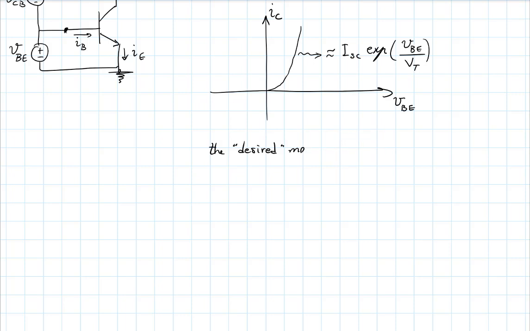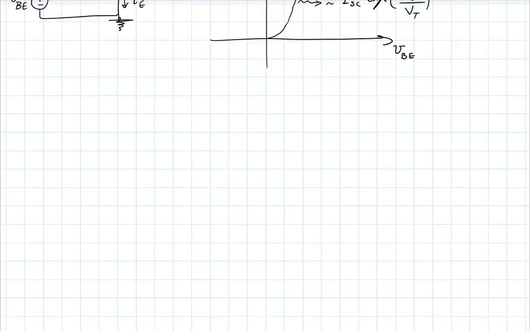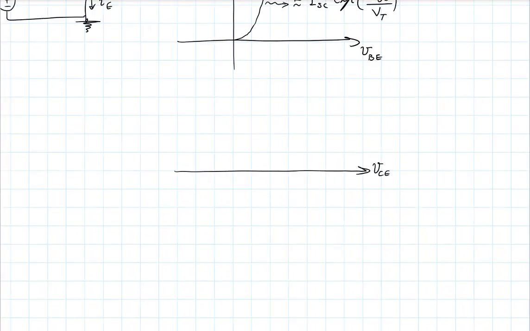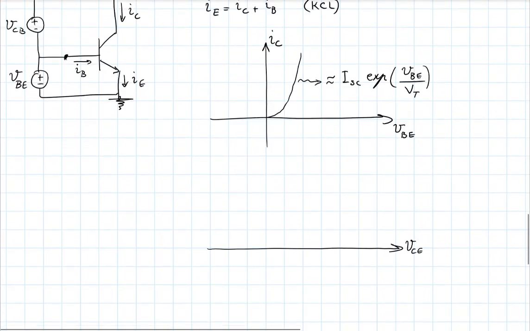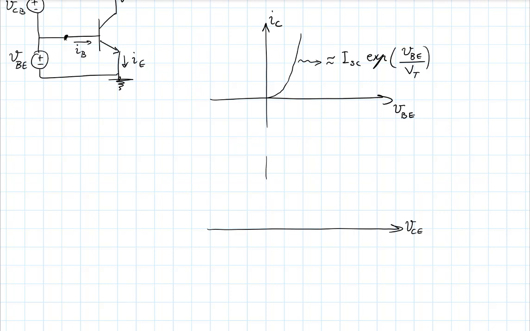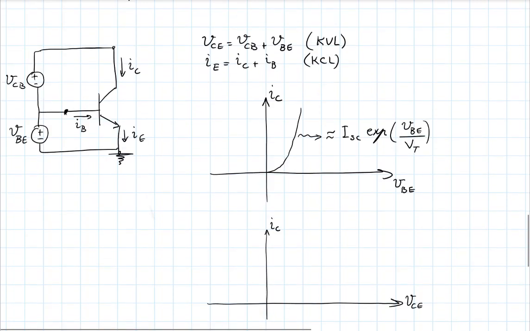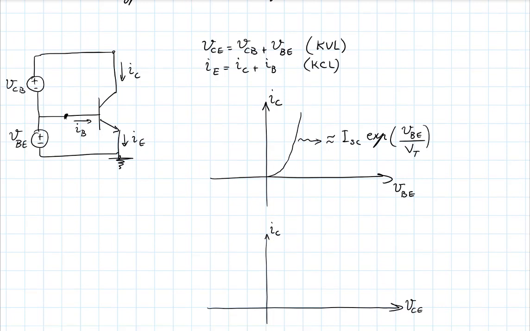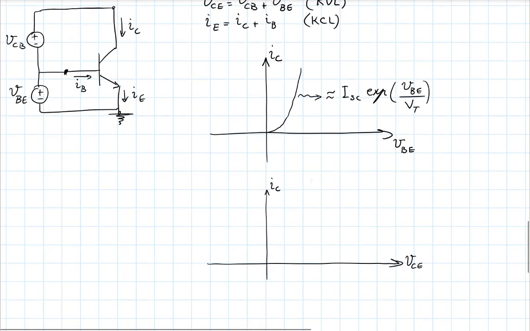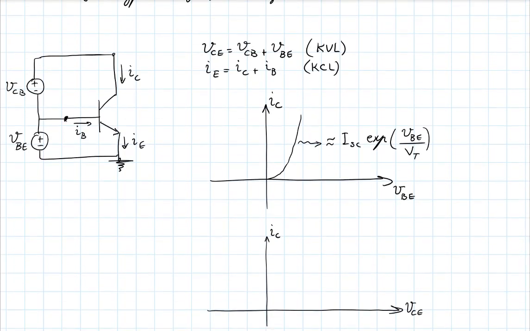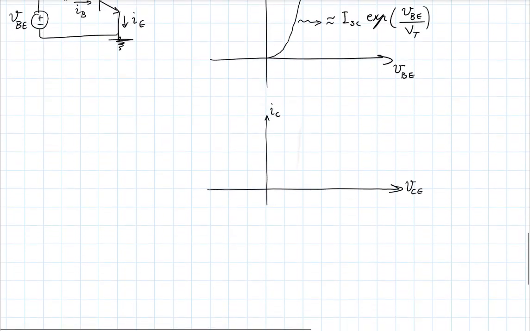Let's not write this here because this could lead to confusions later. Let's draw another curve. There, hopefully, things will be a little clearer. And that's when I plot IC, so the same current, as a function of VCE. So this VCE is the collector emitter voltage. It's the sum of those two, right? VCE, as we have it up there, is VCB plus VBE. So let me just write it here.